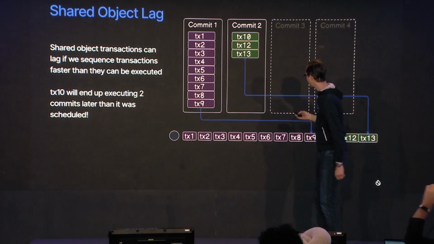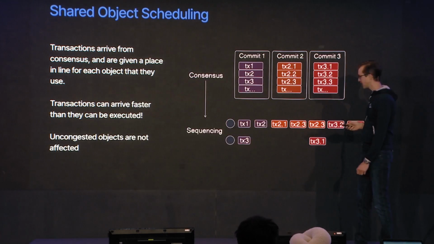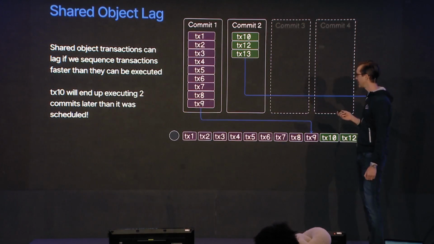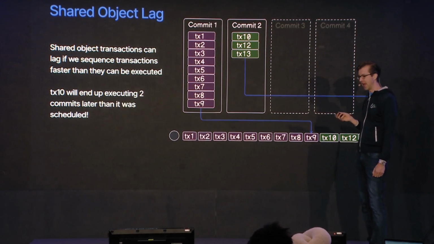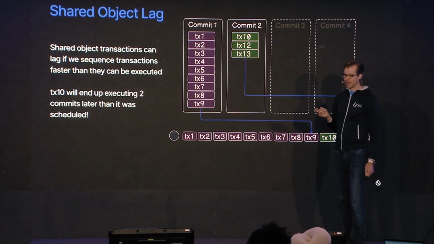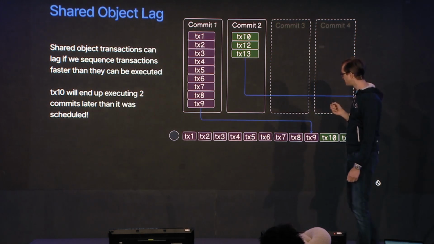So what we're starting to see, let me go back one slide. Yeah. So we're starting to see a little bit of backlog build up here, but it can get much worse. There's really no limit to how fast transactions can come in through consensus. And when they start coming in really fast, you can get into this situation where we're sequencing them very, very fast, much faster than we can execute them.